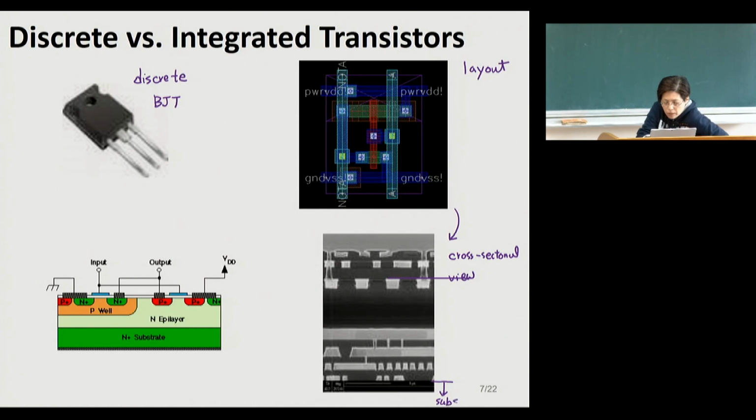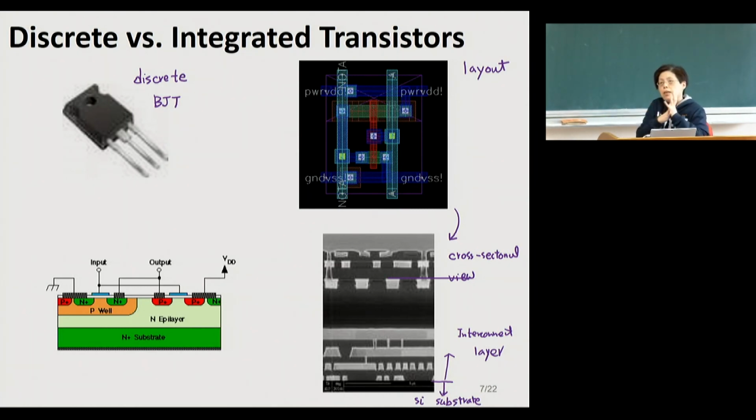We call it the semiconductor substrate underneath. So these are, let's say, silicon substrate underneath. On top we call the interconnect layers. These layers are simply to do the wiring.